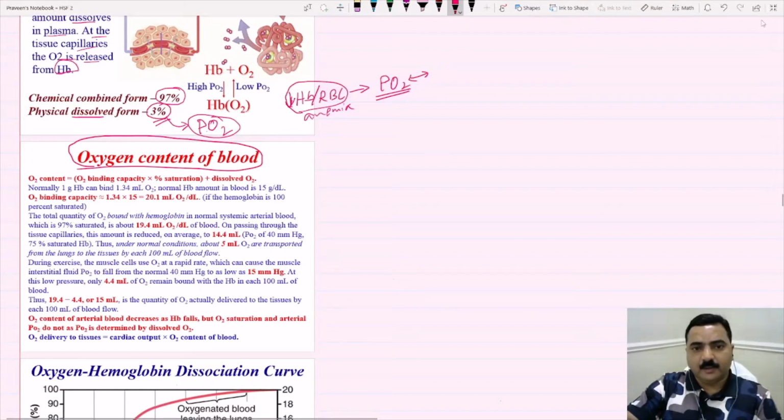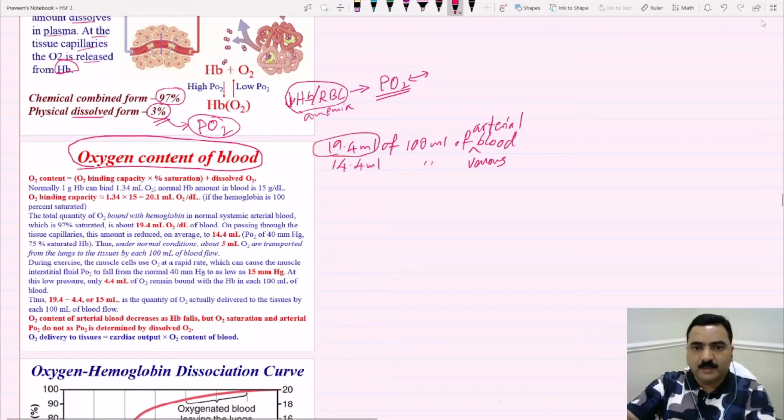We normally say 19.4 ml of oxygen is present in 100 ml of arterial blood, whereas the venous blood contains only 14.4 ml in 100 ml of venous blood. This is the meaning of oxygen content.